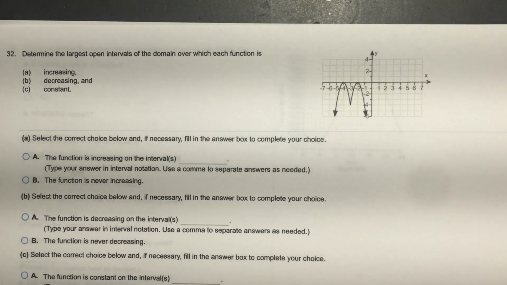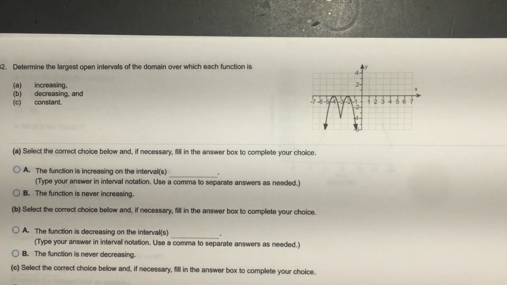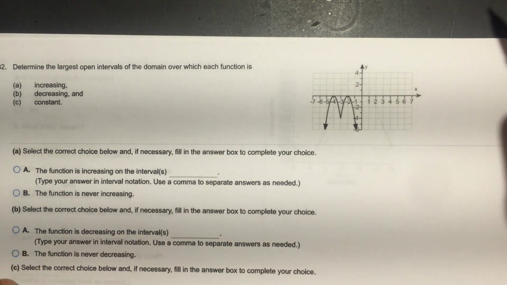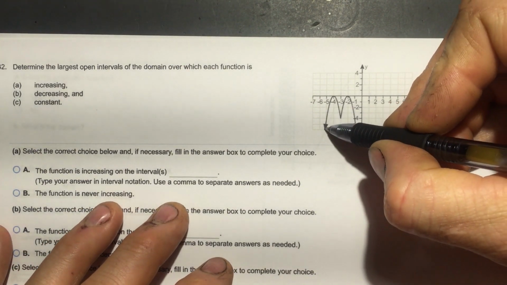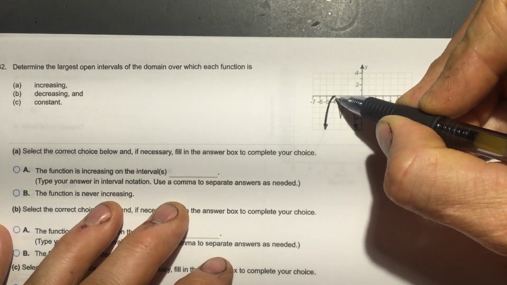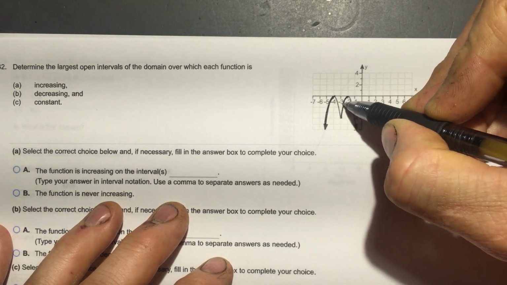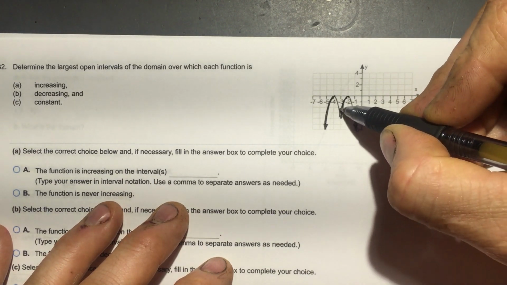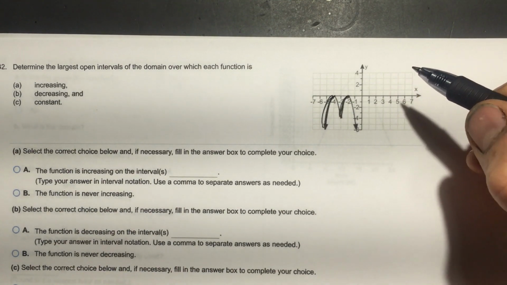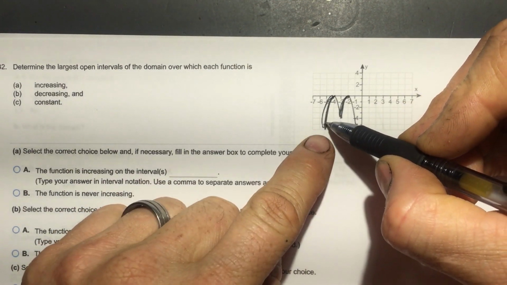All right, here's another one like that. When is this increasing, decreasing, constant? Well, again, this one's not ever constant. Now, when's it increasing? It looks like right here, this is going uphill. This is downhill. Here's uphill. And that's downhill again. So these two parts right here are increasing. Now, this one here, where does it start?